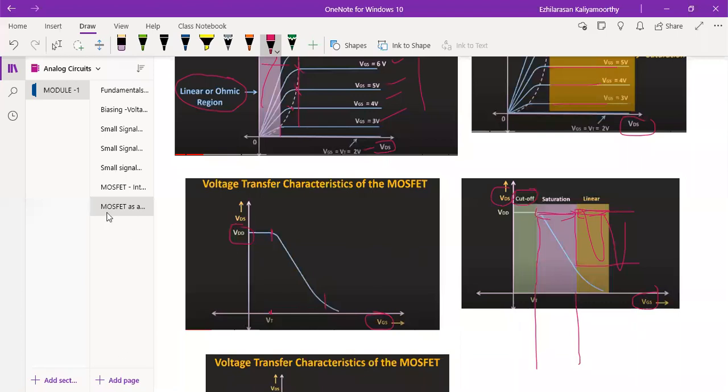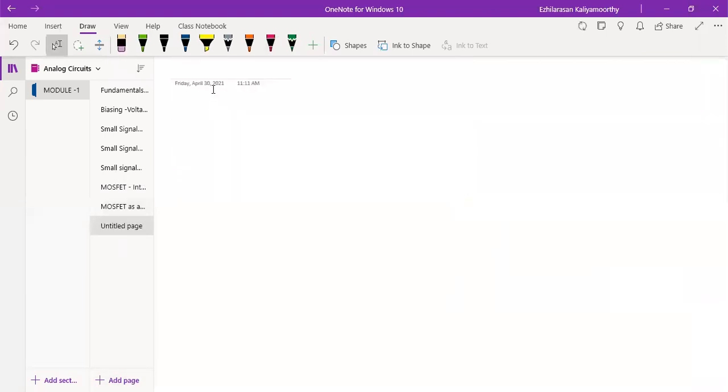So next, let us see the biasing techniques. Biasing in MOS amplifier circuits.